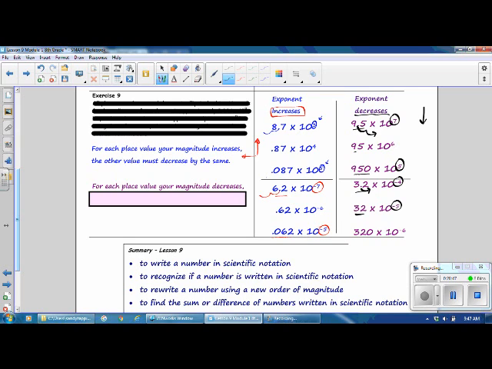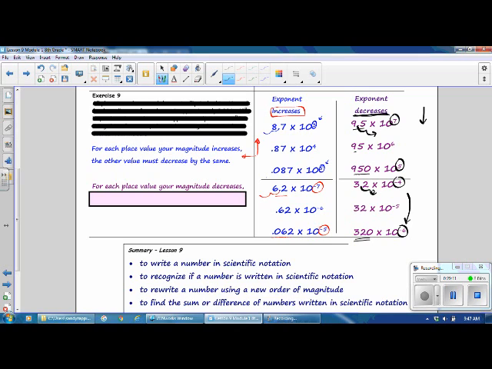Let's take a look at when you change it by 2. So here we're changing our order of magnitude from -4 to -6. So we are decreasing our exponent. Then you need to increase your decimal. So 2 place values here and then 2 place values here gives you 320.